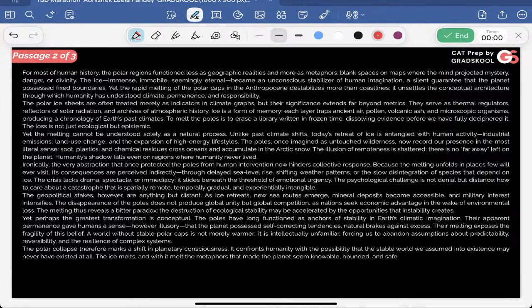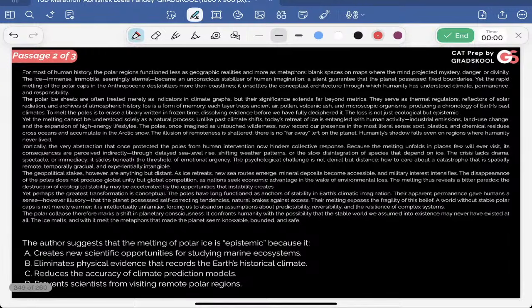First, let me read the questions. The author suggests that the melting of polar ice is epistemic because it, well, what is epistemic? Aryan, okay, I'll send that. So in the philosophy class, I talked about epistemology, right? The study of knowledge.